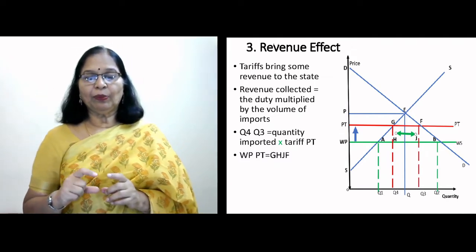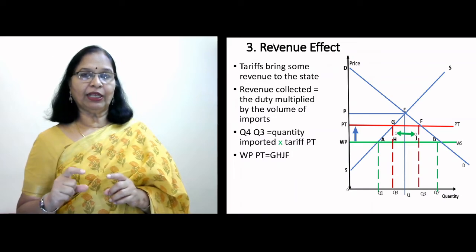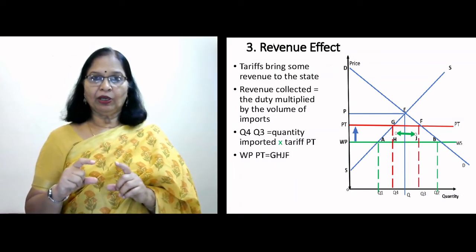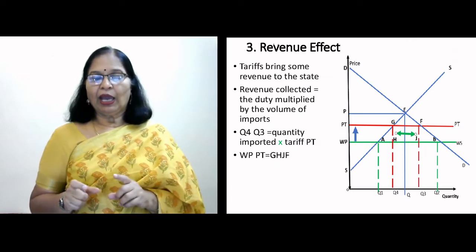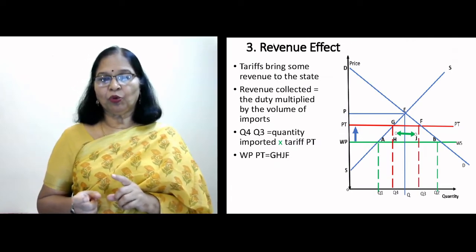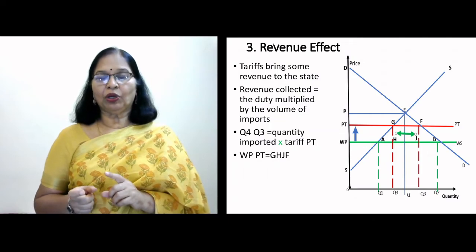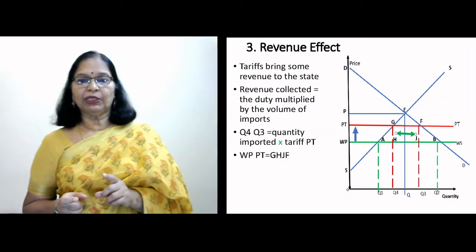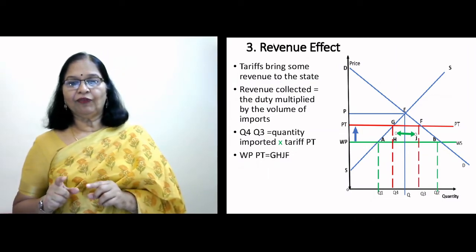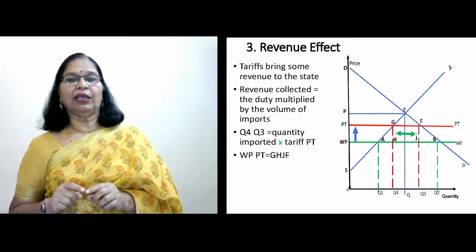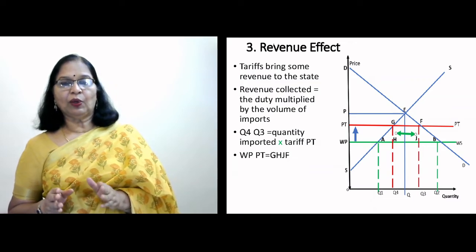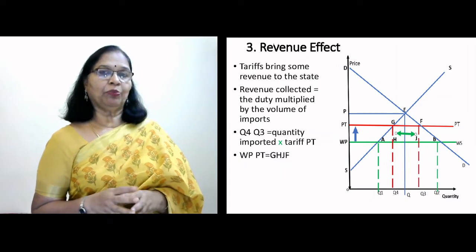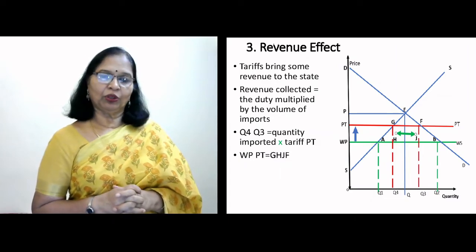So the total revenue that will be collected by the government will be PTWP is the tariff, and the quantity that is going to be imported now is Q4Q3. So Q4Q3 multiplied by PT will give us GFJH. So that rectangle is the one that will show us the amount of revenue that the government gets by the imposition of tariff on the imported commodity.